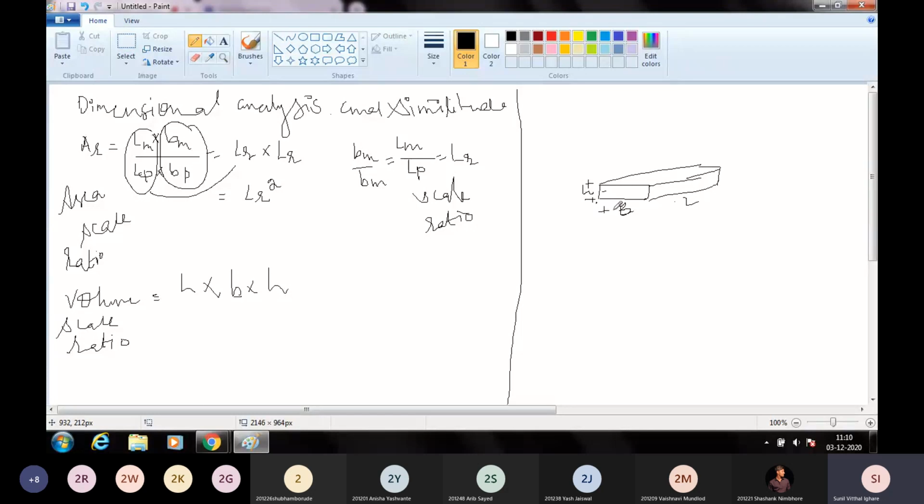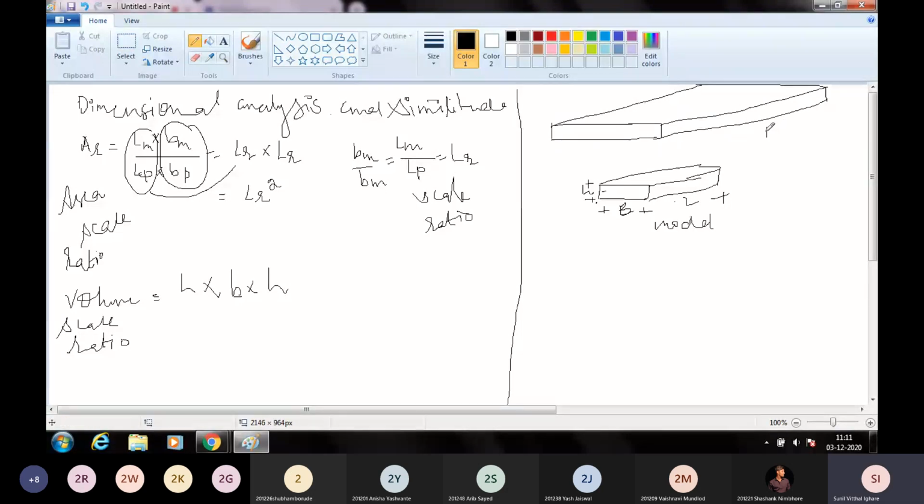This is a model on a smaller scale, and the prototype is the same model, but I make it on a larger scale like this. So this is our prototype.